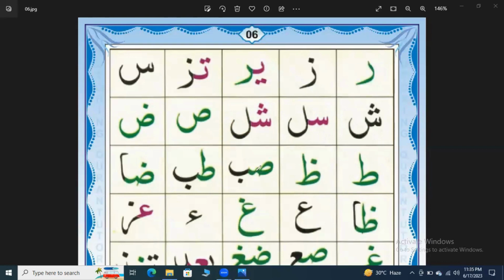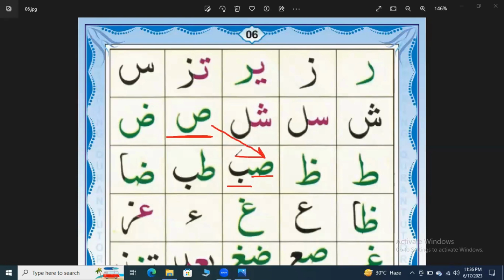Now they have taken the next word. What have they done? They have written sad. The first, the green one, is sad, and the black one has one dot in the bottom, so that is ba. Sad, ba. They have taken this sad in isolated form and written it here.